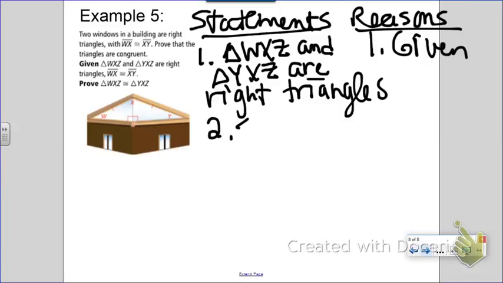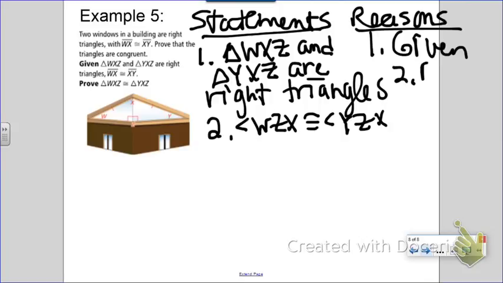From that, we know that angle WZX is congruent to angle YZX. Those are right angles.